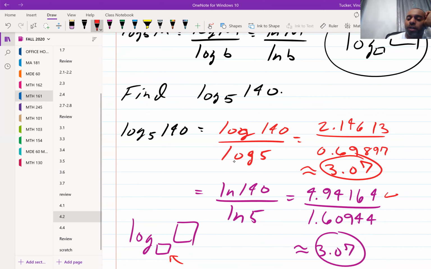We get two different numbers, but they still give us 3.07. So just showing you that it doesn't matter which log you use, whether it's common or natural, you still get the same answer at the end of your calculation.